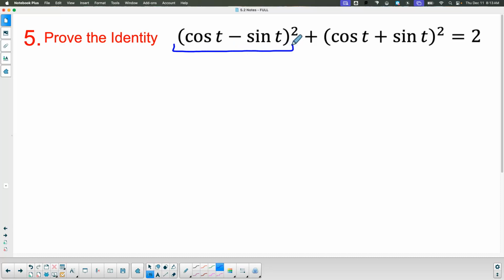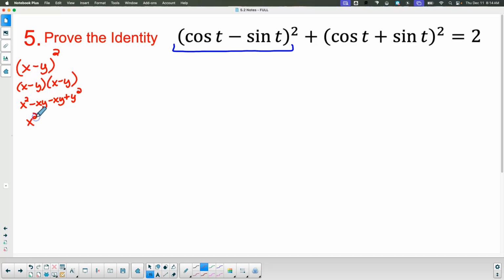Please, please, please don't fall into the trap of thinking this is cosine squared minus sine squared, where you just square each part and then move on. It is not. Okay? If we think back to regular old algebra, x minus y squared is really x minus y times x minus y, which is x squared minus xy plus y squared.